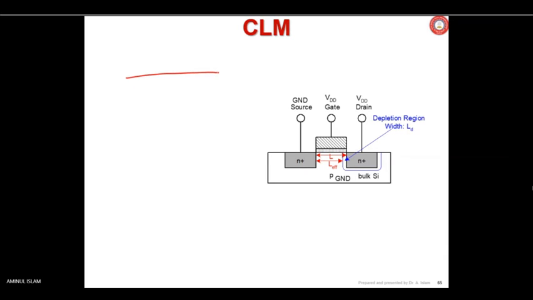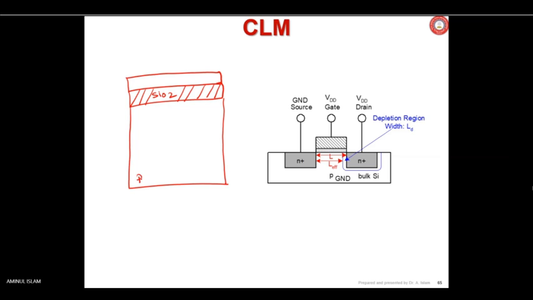So what I have drawn is a top layer. Then another layer here, which is SiO2, a silicon dioxide insulator. And then I have shown a P-type substrate.